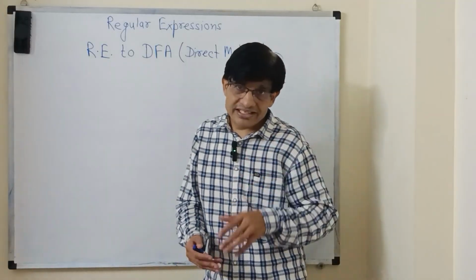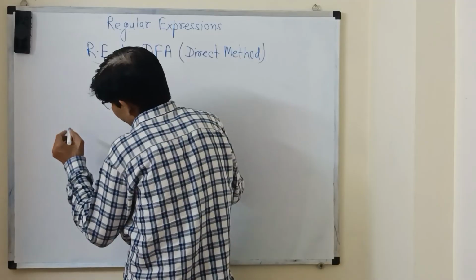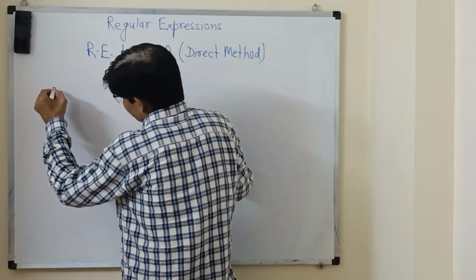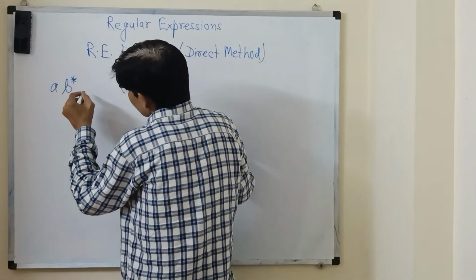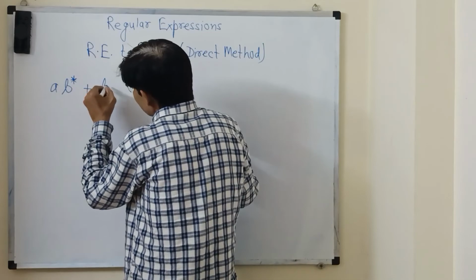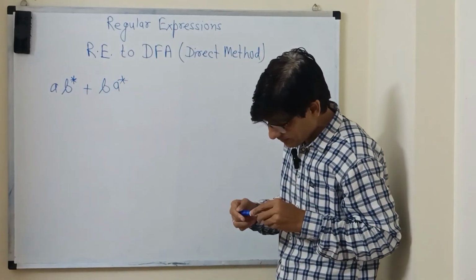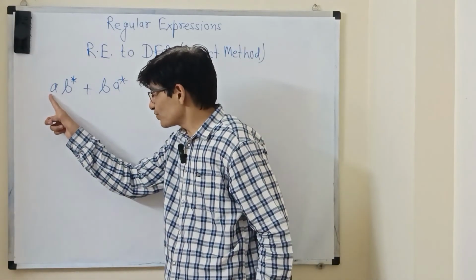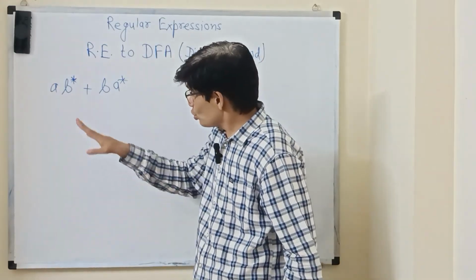So friends, now I will take one more example of a regular expression to show you a special condition. Suppose you have a regular expression like a b star plus b a star. This regular expression has two choices. Either you can create any string from this set, or any string from this set.